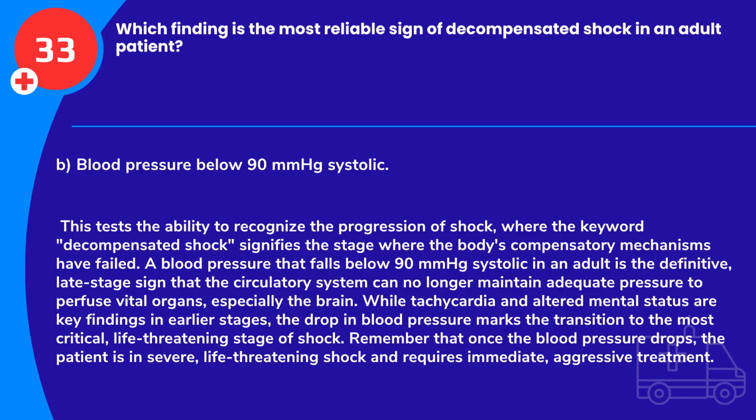While tachycardia and altered mental status are key findings in earlier stages, the drop in blood pressure marks the transition to the most critical, life-threatening stage of shock. Remember that once the blood pressure drops, the patient is in severe, life-threatening shock and requires immediate, aggressive treatment.